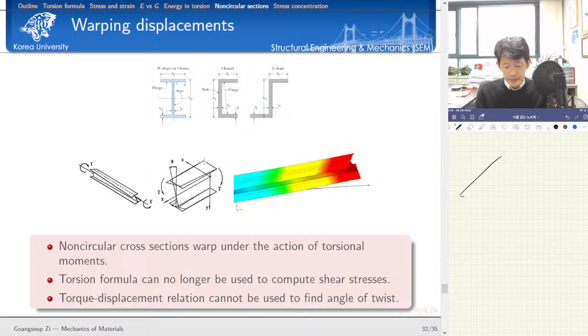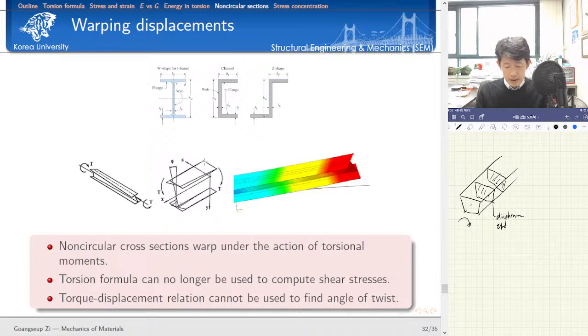For example, let's consider this rectangular section subject to torsional moment. Keeping the rectangular section, we put diaphragms here regularly, very strong diaphragms, to prevent this warping distortion. This is called a diaphragm.